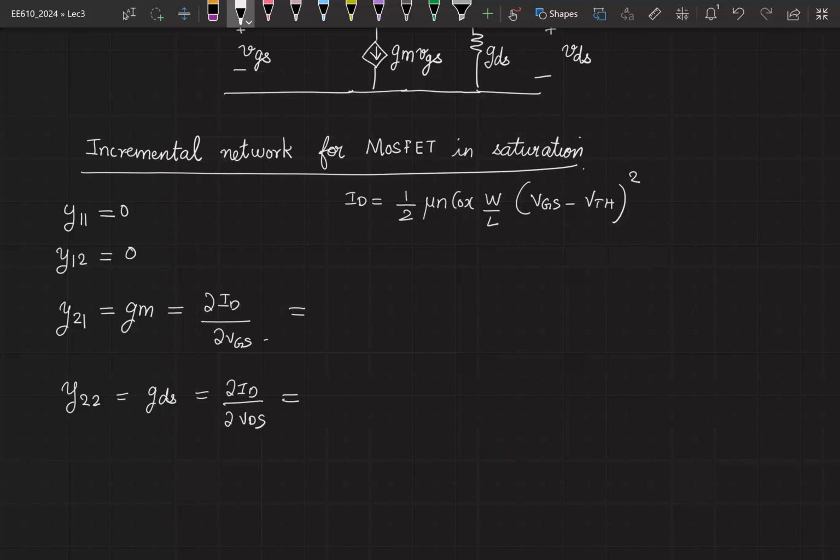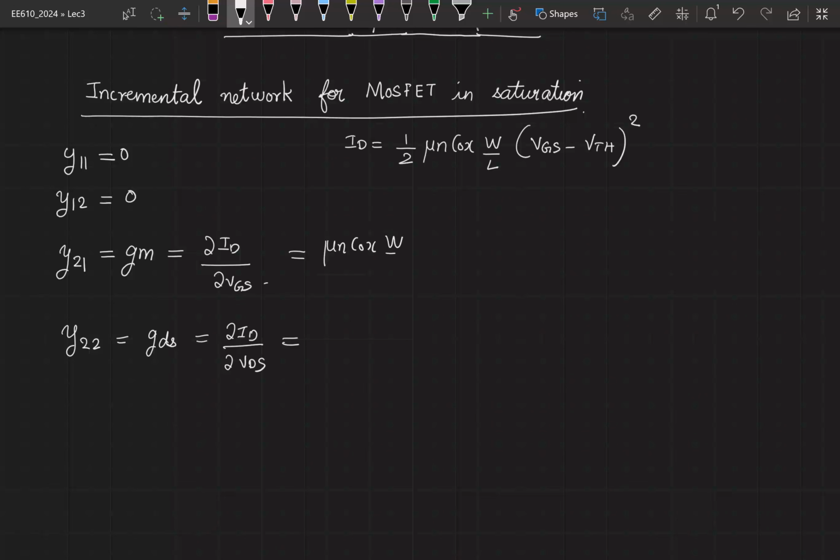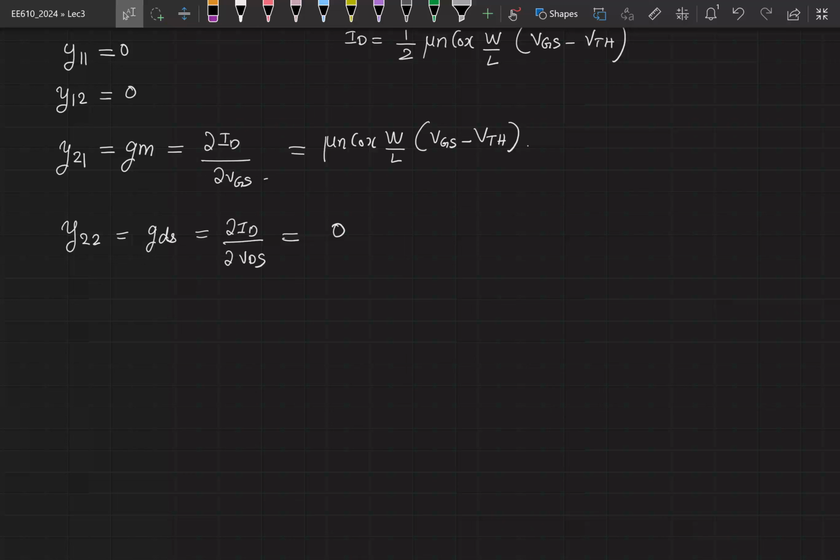Y21 will be equal to mu n COX W by L into VGS minus VTH. And Y22 is equal to 0. So now the incremental network looks like this.